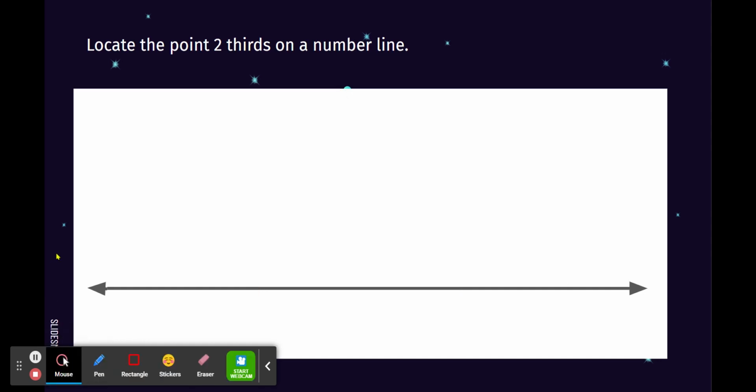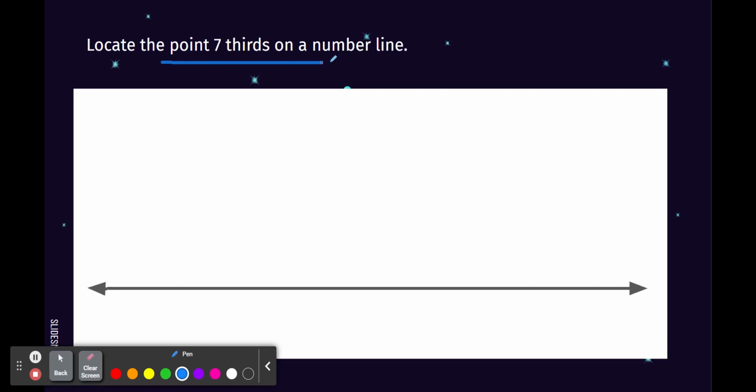All right, now what if I have something a little bit bigger? I'm going to locate 7/3 on a number line. I know that 7/3 is going to be greater than 1 whole, because 1 whole is equal to 3/3. So I'm going to start my number line at 1, which is equivalent to 3/3.